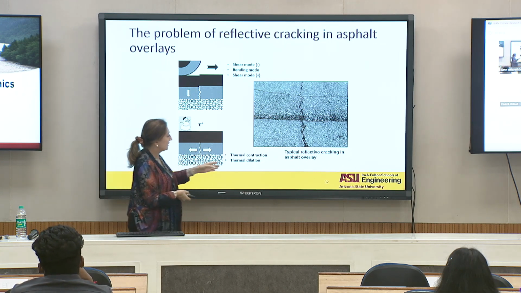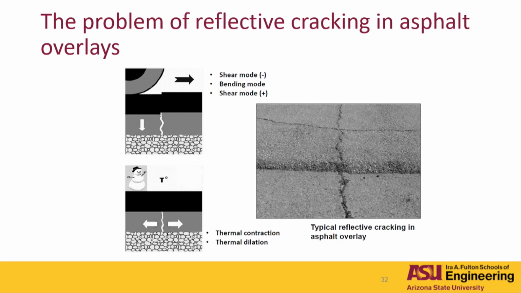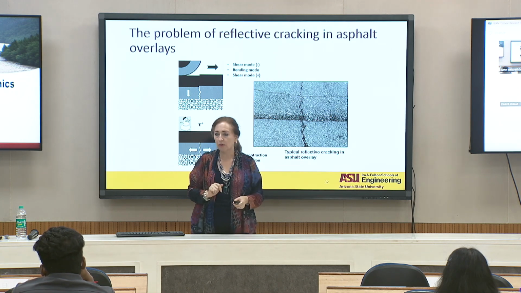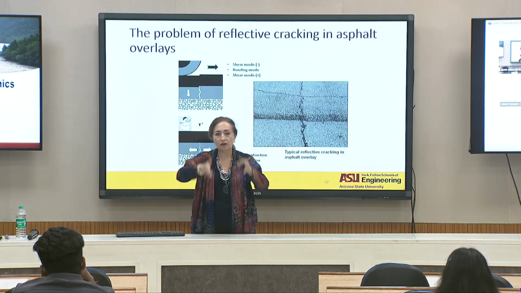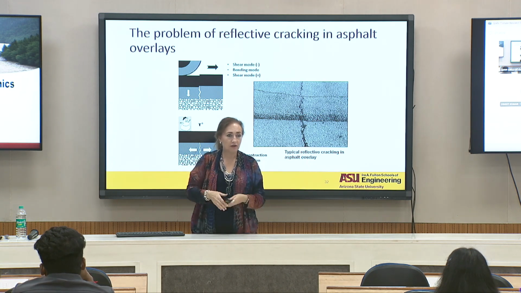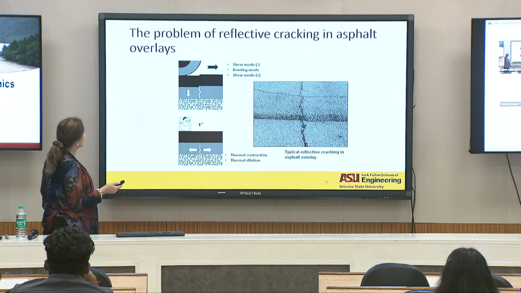This one is, for example, a typical reflective cracking in asphalt overlay. The thermal cracking, you're going to recognize them because they don't go longitudinal to your pavement. They're going to go transverse. Okay? When you get the transverse cracking, you say, okay, this is a thermal problem in here. Okay? When you get the longitudinal cracking, you just start checking into the expansive soils or some other failure mode for longitudinal cracking.